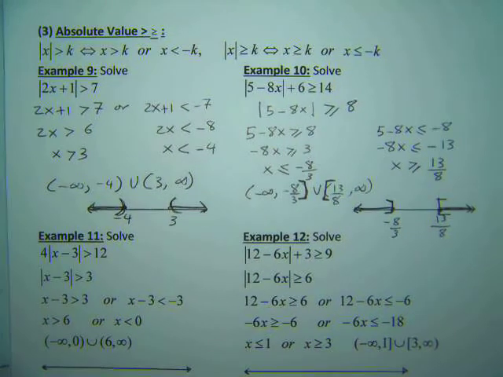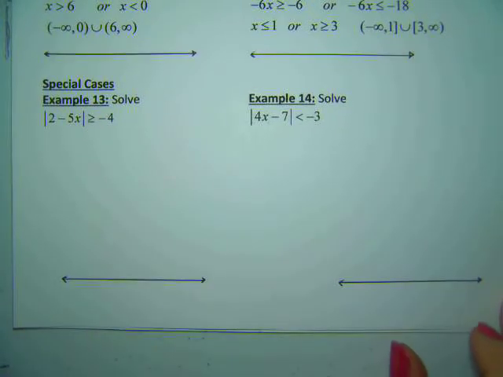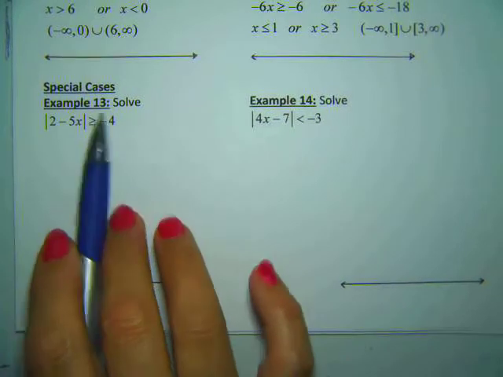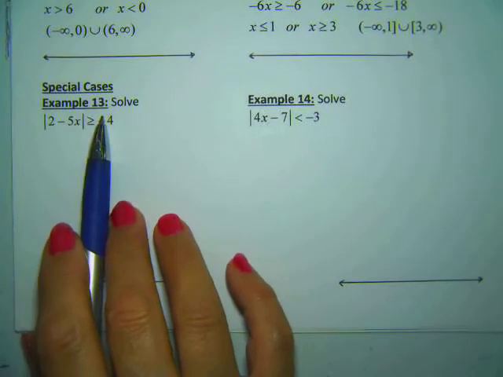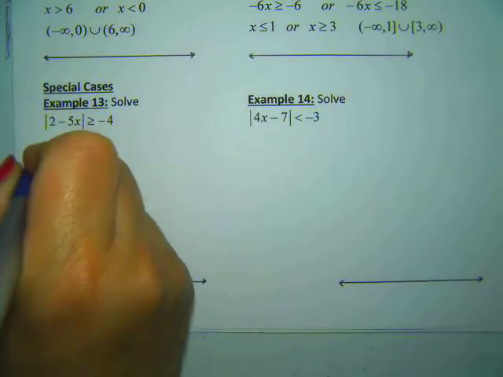Okay, so I'm going to leave these two for you to solve. Let me see. No, actually, I did those for you. Sorry, let's do this. Special cases, I would like to do that with you. So let's see, that's a greater than or equal.